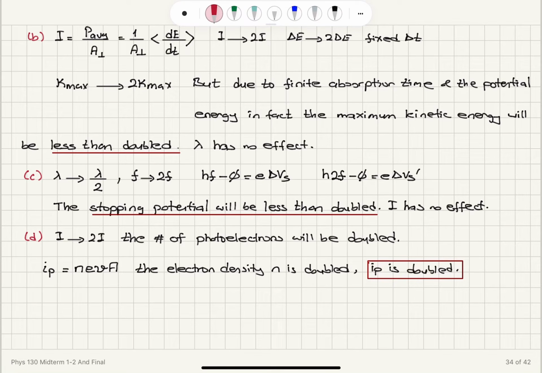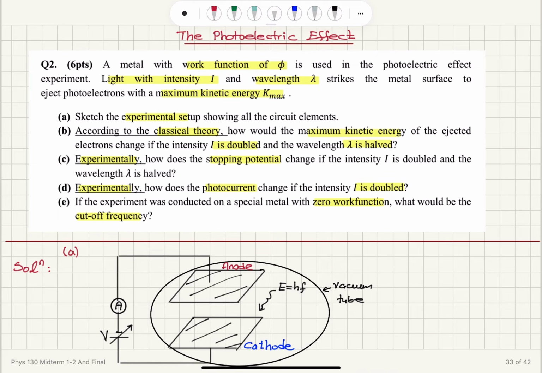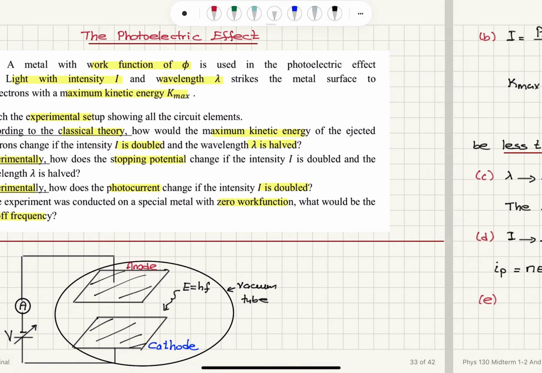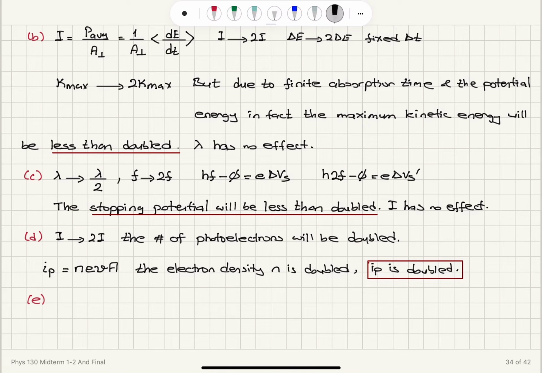Part E. If the experiment was conducted on a special metal with zero work function, what would be the cutoff frequency? This is impossible, but let's say that it was possible. Then we would have h times the cutoff frequency f_c minus phi is equal to 0, the maximum kinetic energy of 0.